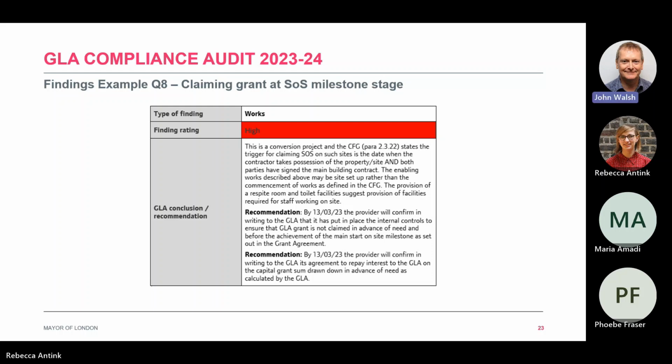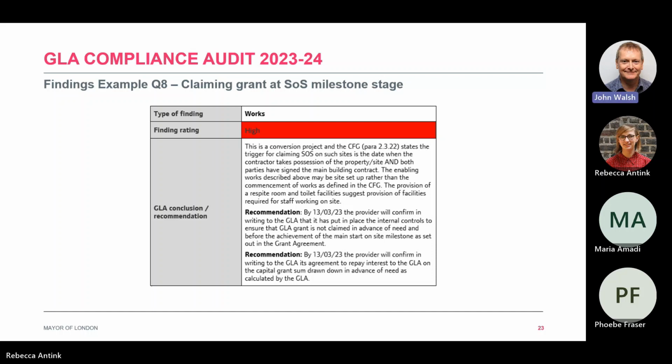Now, in this particular instance, the provider had claimed the start on site grant in December 2020, and that was clearly evident from the data appearing in ops for the project.